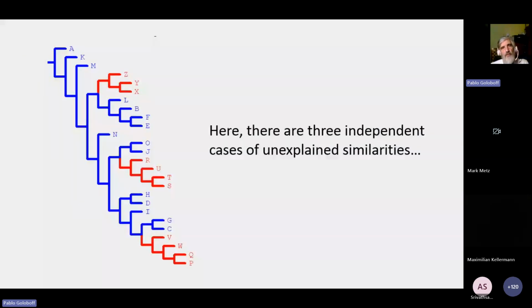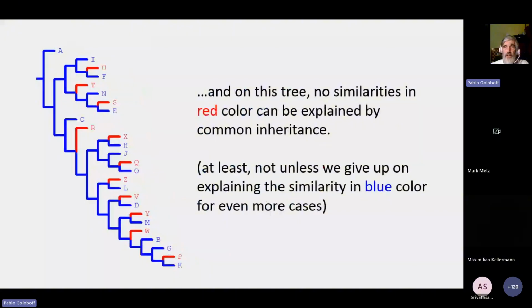In this tree, instead of two, there are three independent cases of unexplained similarities, three different originations of the red color. And on this tree, no similarities in red color whatsoever can be explained by common inheritance, at least not unless we give up on explaining the similarity in blue color for even more cases than there are red.